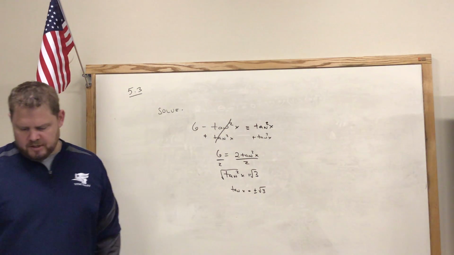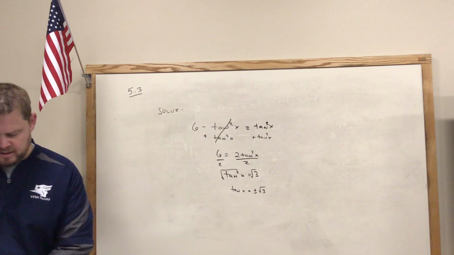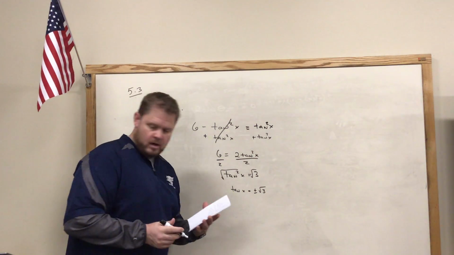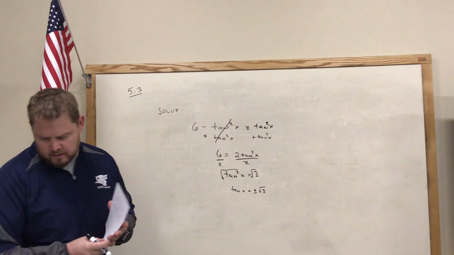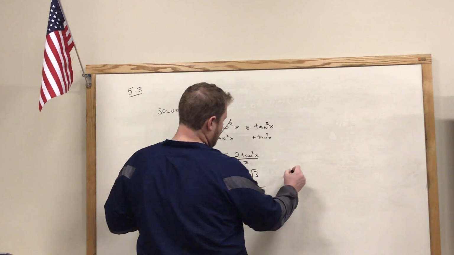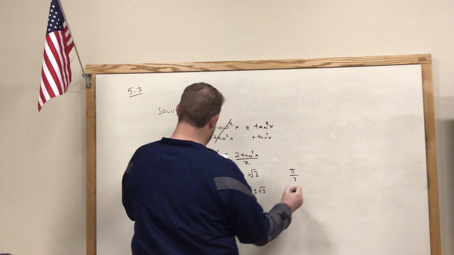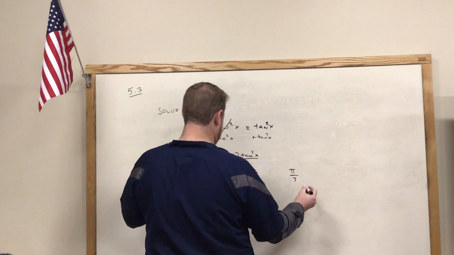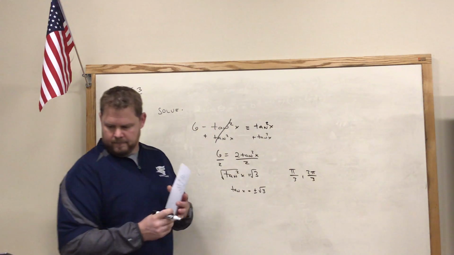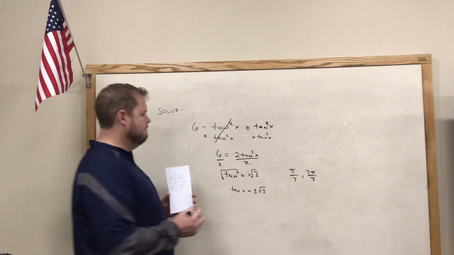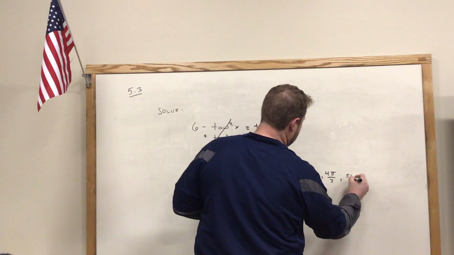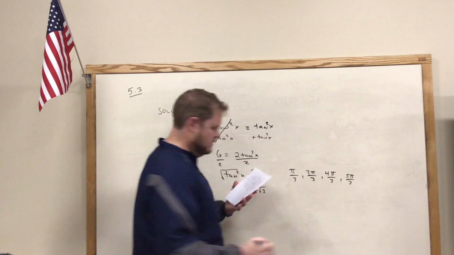So what are your options? Where is tangent the square root of 3 on here? Those are pi over 3. It's plus or minus, so it's going to be 4 answers: pi over 3, 2 pi over 3, 4 pi over 3, and 5 pi over 3.